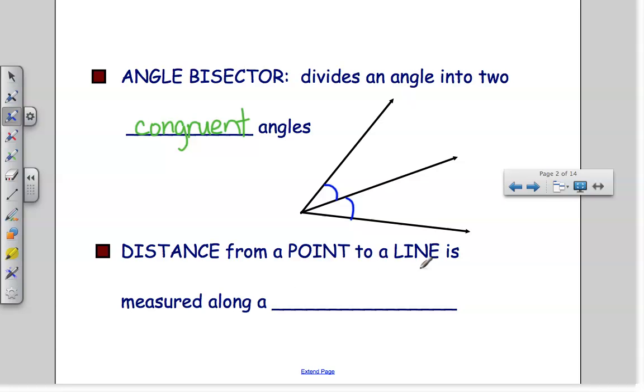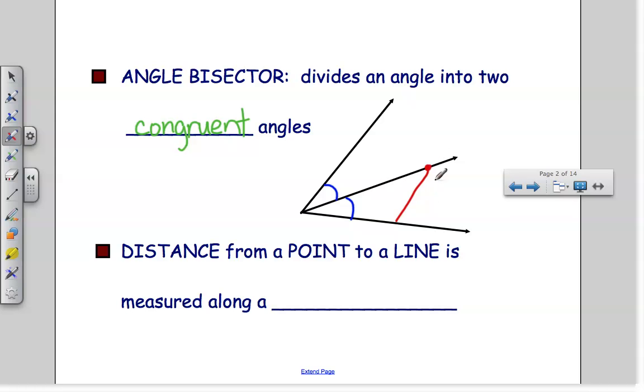Something else I need to remember and be familiar with today is if you're talking about the distance from a point to a line, you have to measure at a certain angle. Let's say we want the distance from this point to this ray. How would you measure it? Well, you don't just grab any old distance and say, there's the measurement.